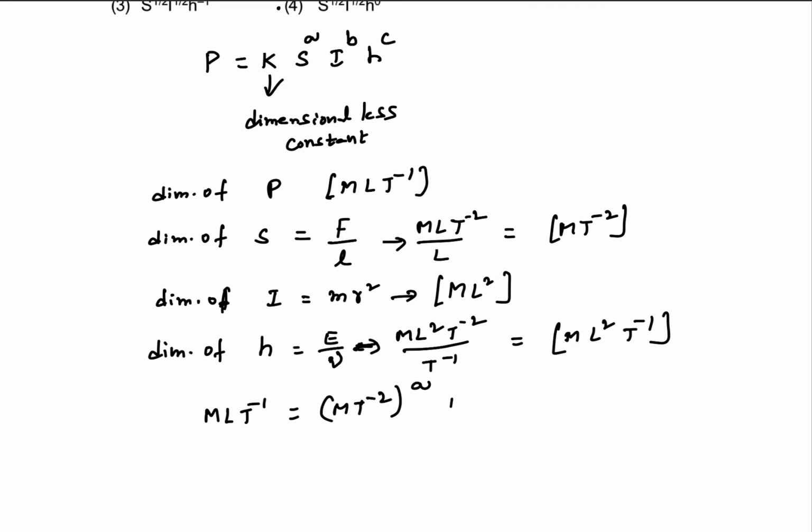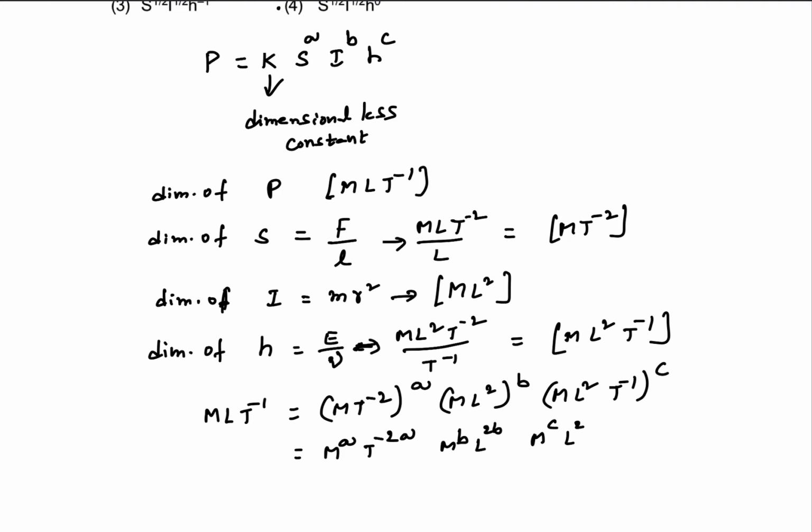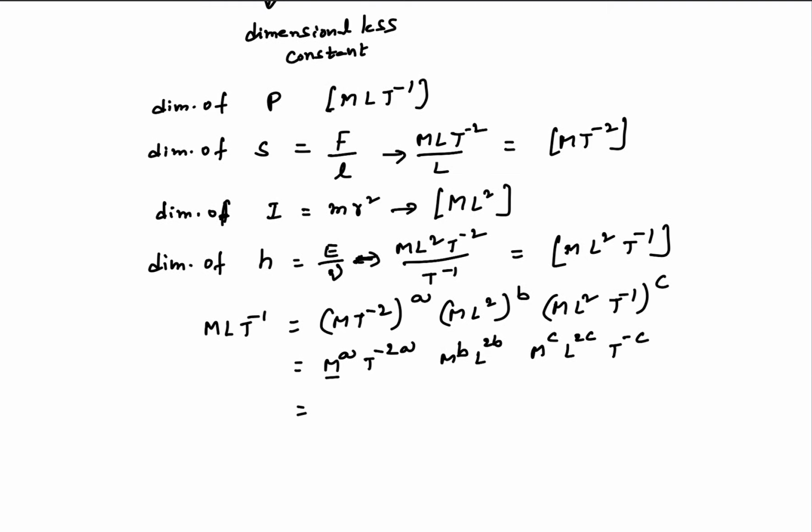Next, we can write S: M T power minus 2 whole power A, M L square whole to the power of B, M L square T power minus 1 whole power C. Now you can write M power A T power minus 2A, M power B L power 2B, M power C L power 2C, T power minus C. Now just observe that wherever M terms are there, M power A, M power B, M power C, you can write M power A plus B plus C.